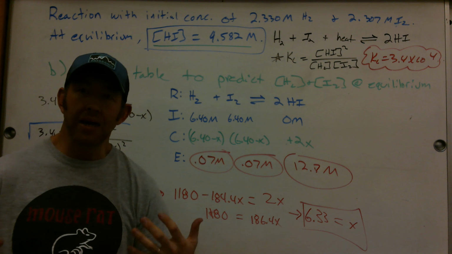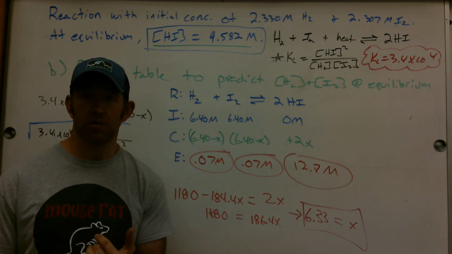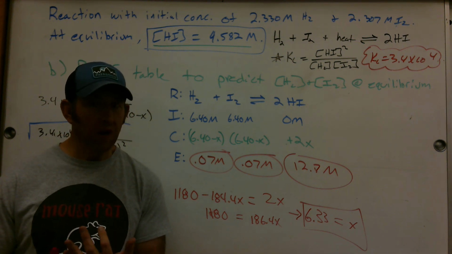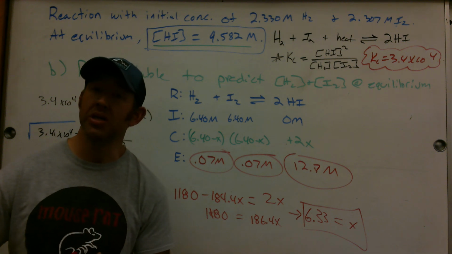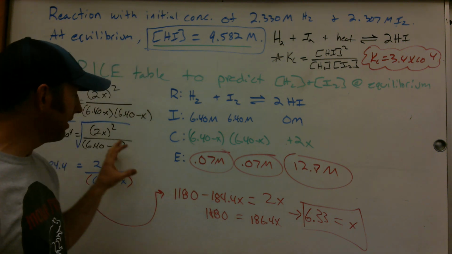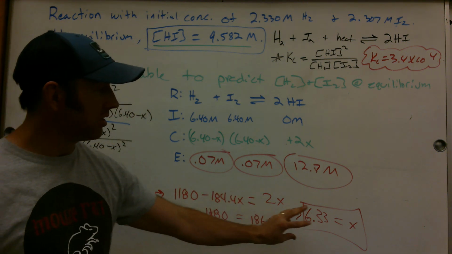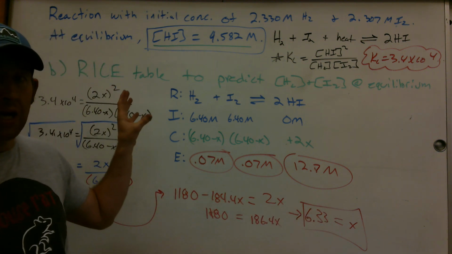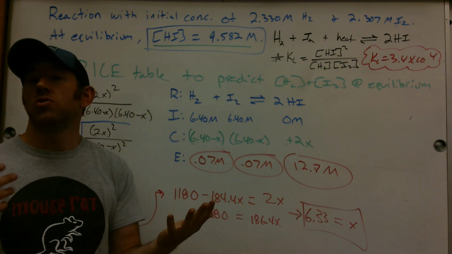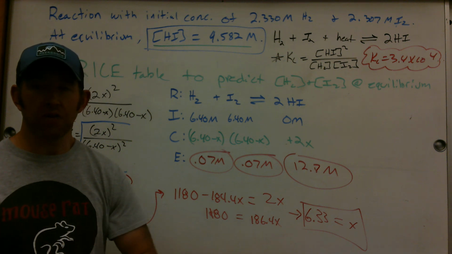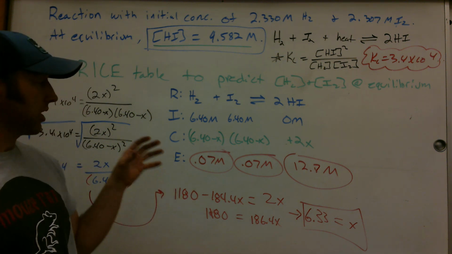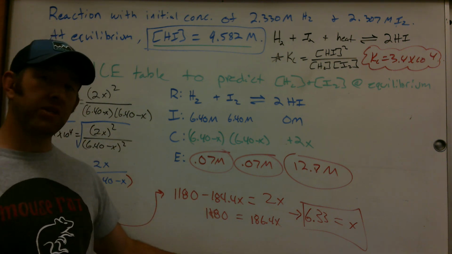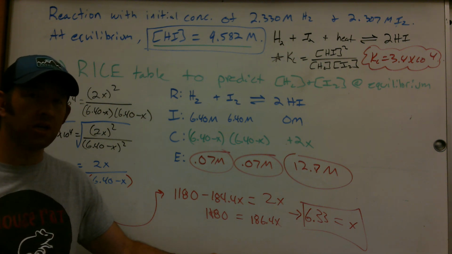It will not make or break your test. You can still do fine, probably not get an A, but you can still do fine on your test if you get a little bit lost in this process right here. But just a heads up, there's lots of other stuff that I'm expecting you to be able to do, not just the super involved algebra, but I feel like it's a good application of your algebra skills.